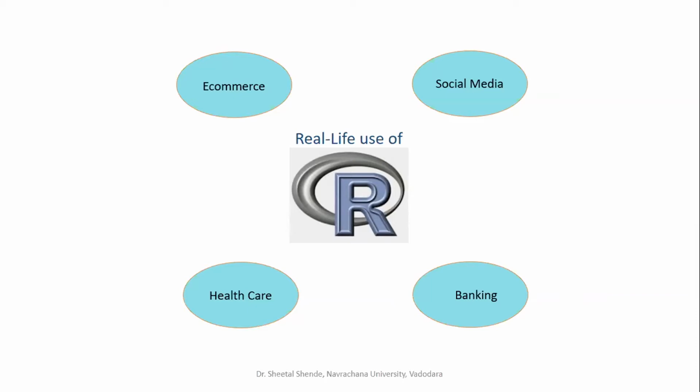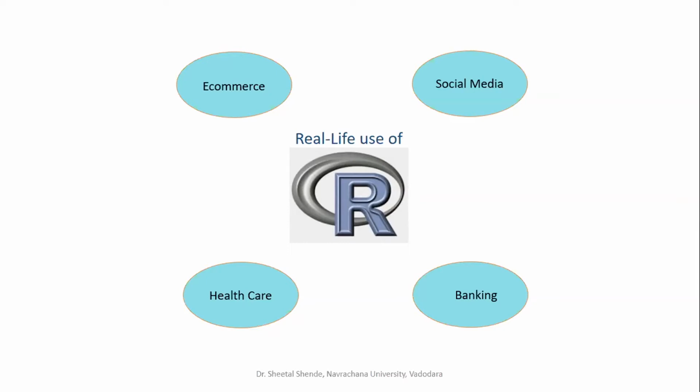Another well-known name is the New York Times in the media segment. The New York Times uses R in the news cycle to crunch data and prepare graphical analysis before they publish their news. Then there are so many other platforms like Amazon, Bank of America, Microsoft, Google, Mozilla.